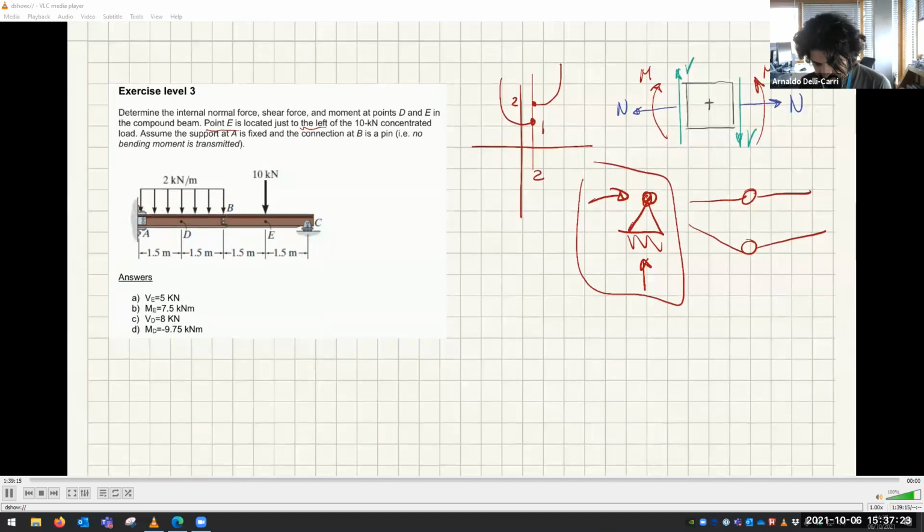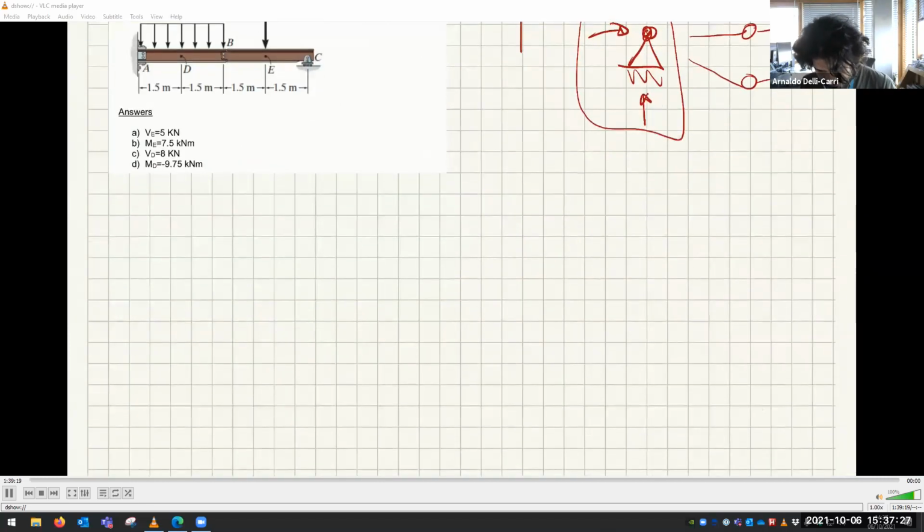Okay, so let's do the free body diagram. If I do the free body diagram, it looks like this. So it's exactly in the middle. This is the internal pin at B. At A, we have a fixed support.